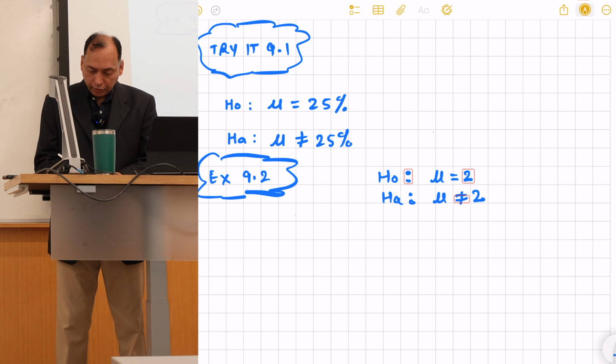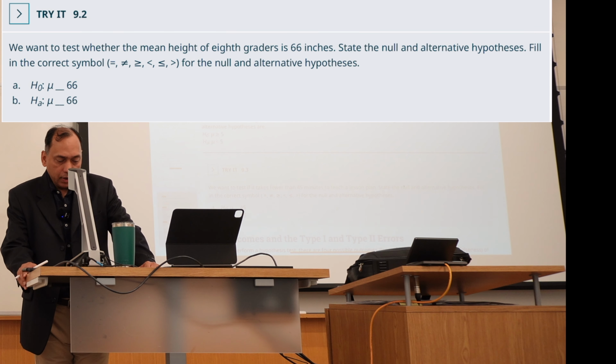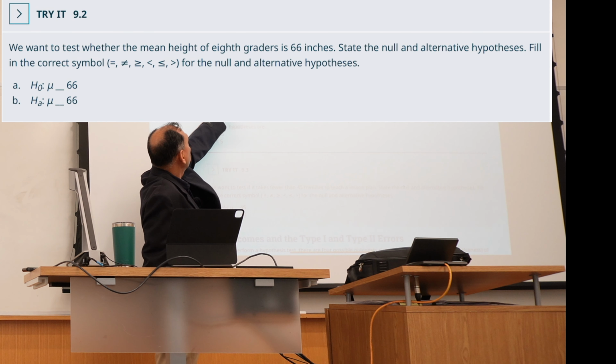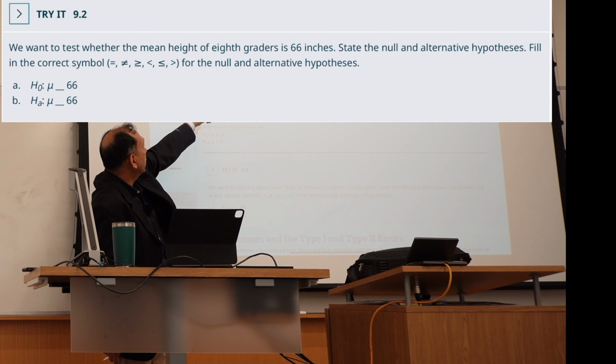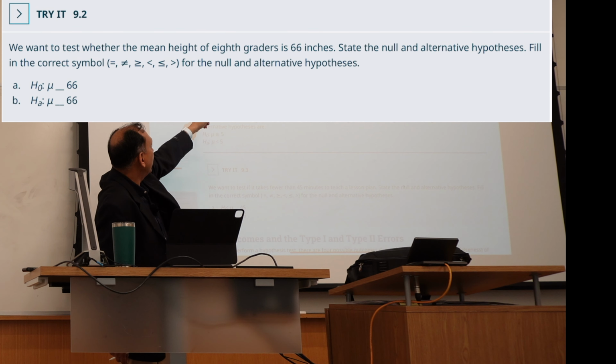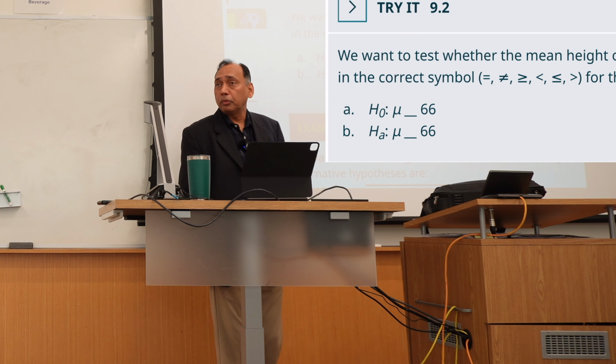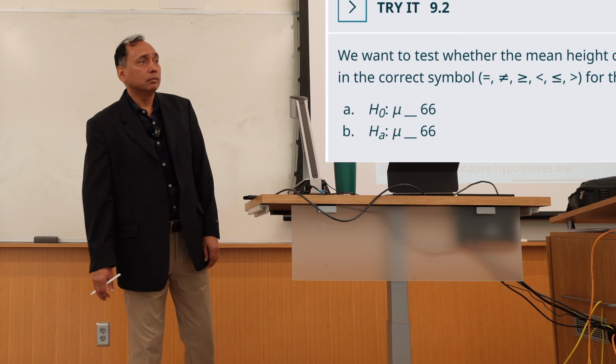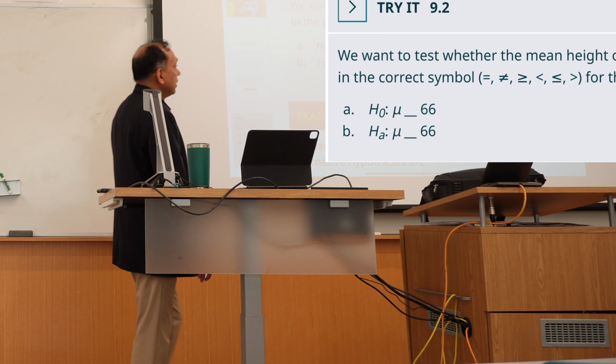Try it 9.2. So we want to test whether mean height of 8th graders is 66 inches. State null and alternate. You have to figure out what should go there for HO and HA. What should we write? Equal, not equal, less than, more than equal to, less than equal to.